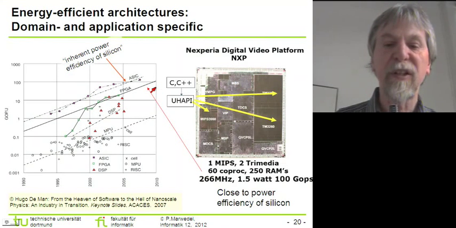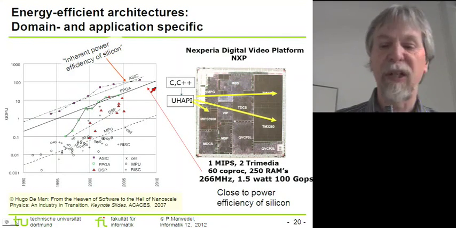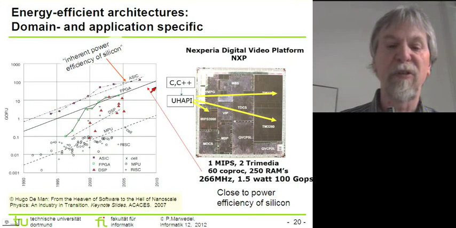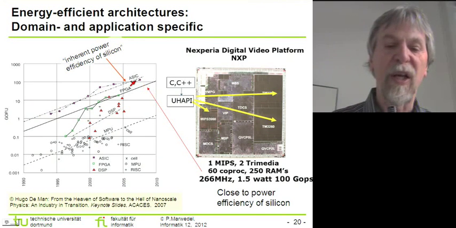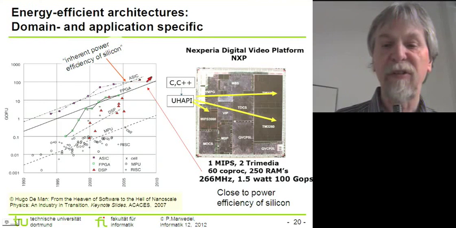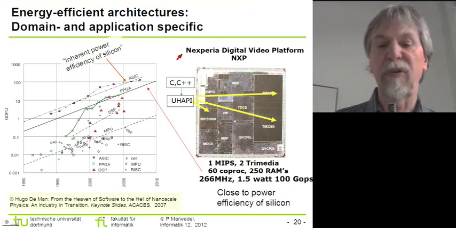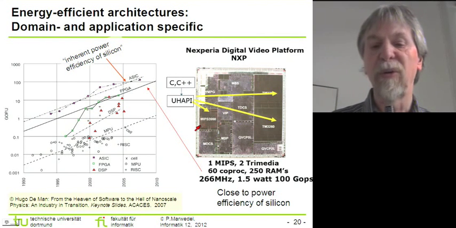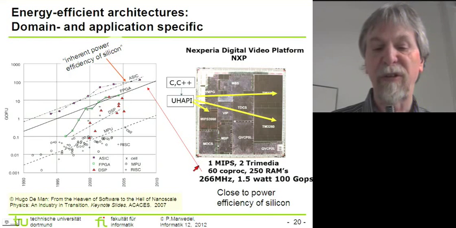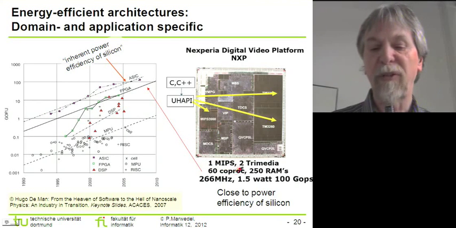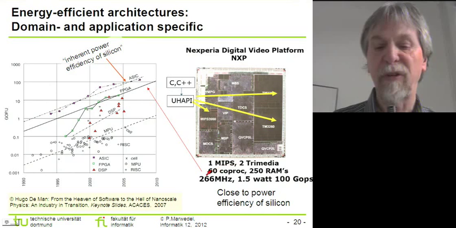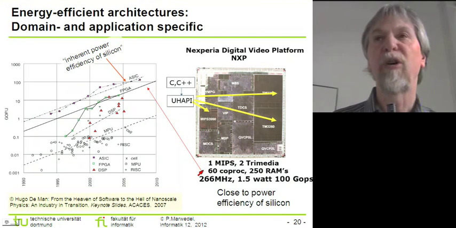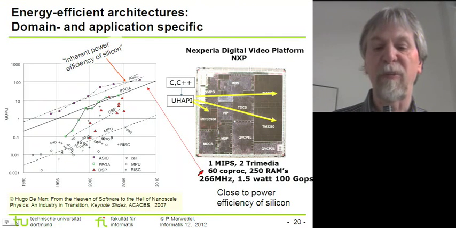And there is a second case which also demonstrates that we can get pretty close to that energy efficiency of ASICs. There is a processor that was designed by NXP in the Netherlands, and in this case we have a chip including a couple of specialized processors. You see there is one MIPS processor, two trimedia processors, and quite a number of co-processors, many of which are specialized.